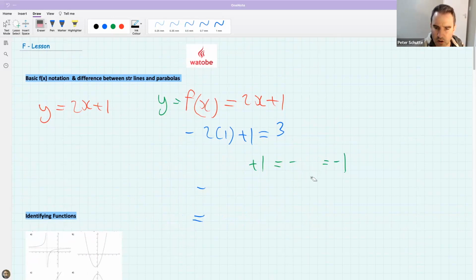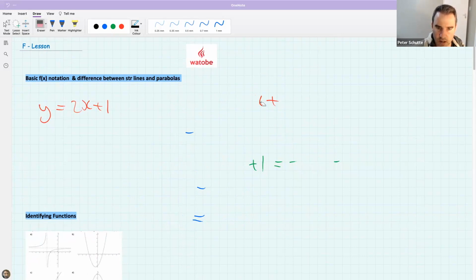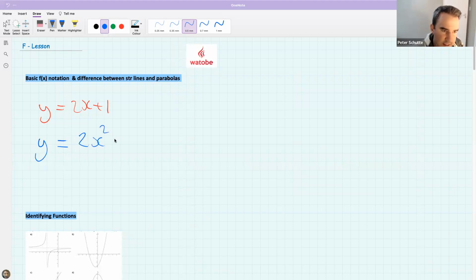So if the last lesson was about finding x and y intercepts, I want to talk a little bit about different types of functions. Another type of function that we come across is something called a parabola. A typical parabola has to have an x squared in it.